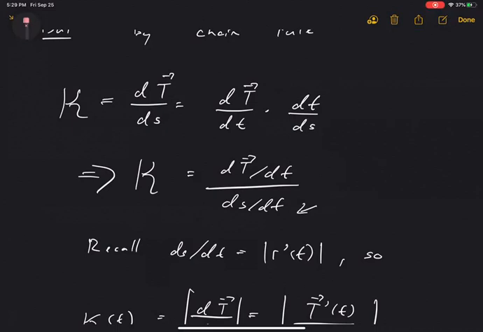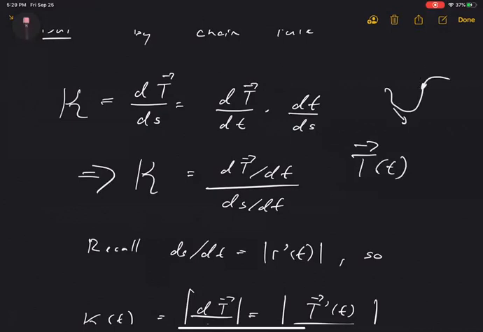What is the top quantity? Let's say I find my unit tangent vector T. Well, that vector depends on what my parameter is. At this value of t, I have one unit tangent vector. At this value of t, I have another vector.